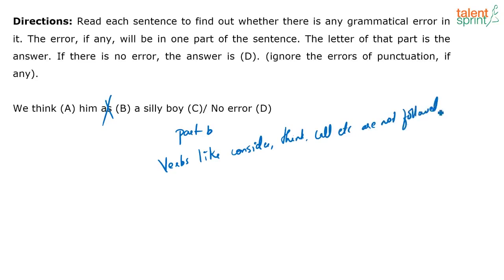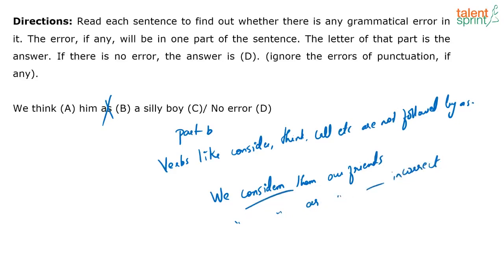Let's look at some example sentences to understand this, okay? So for example, I can say, we consider them our friends. We consider them our friends, not we consider them as our friends. Incorrect. Are you following? Or for that matter, even think.